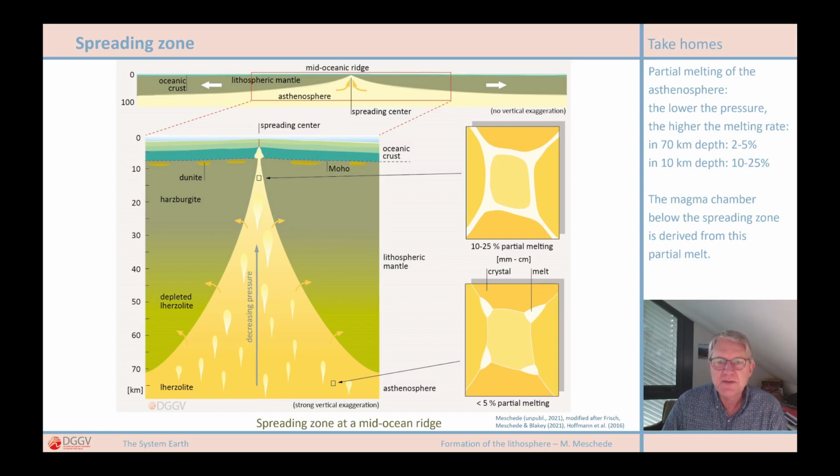As a result of this cooling, the lithospheric mantle continually thickens downward as it drifts away from the spreading center. That is why the lower boundary of the lithosphere is not as sharp as the boundary between the crust and mantle, where there is a clear change in material. That is the MOHO, the famous Mohorovičić discontinuity, which is the seismic boundary between crust and mantle.